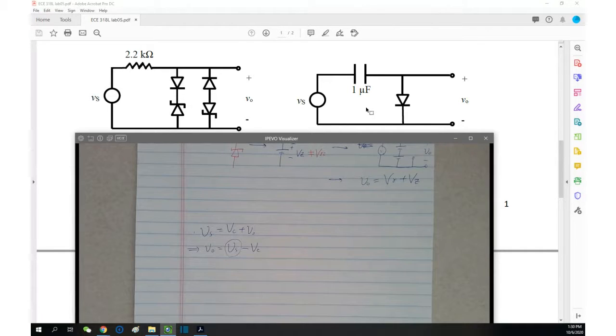This is not very easy, but can anyone imagine what Vc is at steady state? You can imagine this circuit is charging, right? Look at the diode, allowing one-way current direction, blocking any possibility of reversed current. Therefore, it's trying to charge.